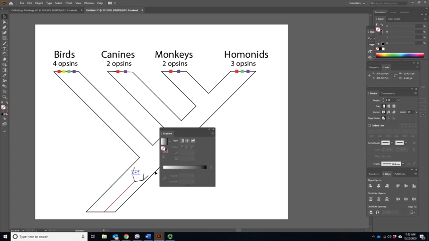We'll make this one yellow. And then we'll make this one over here our green. There we go.